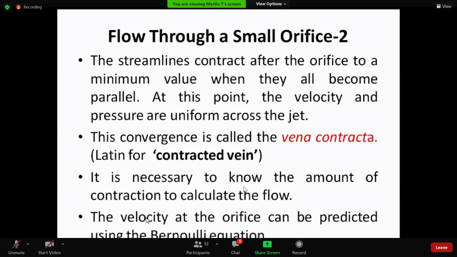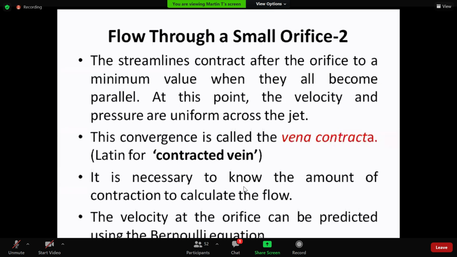So the streamlines contract after the orifice to a minimum value, and at that point they become parallel. At this point, the velocity and pressure are uniform across the jet. That point of convergence is what is normally referred to as the vena contracta.